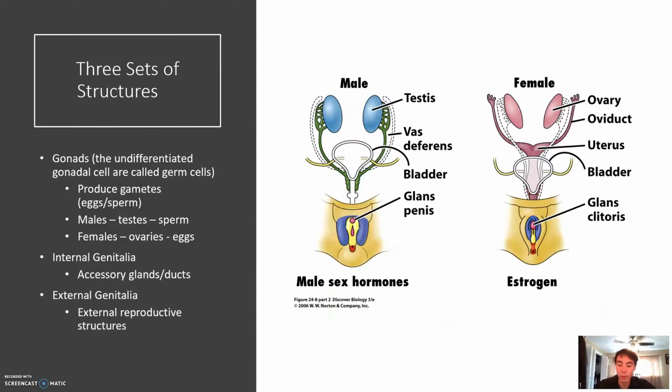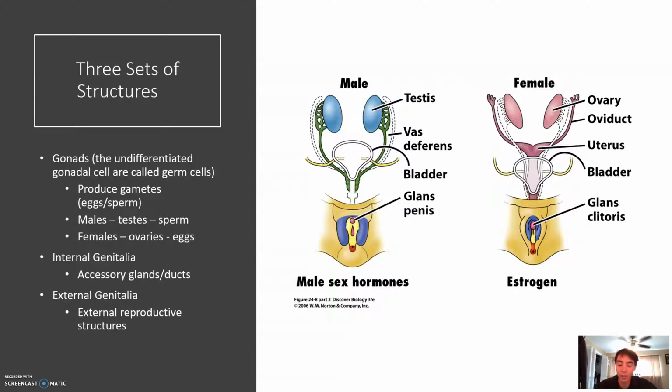Both males and females have three sets of structures: the gonads, internal genitalia, and external genitalia. These gonads produce gametes, which are the egg or the sperm. In males, the testes are the gonads that secrete sperm, and in females, the ovaries are the gonads that produce eggs. Germ cells are the undifferentiated gonadal cells that will either produce eggs or sperm.